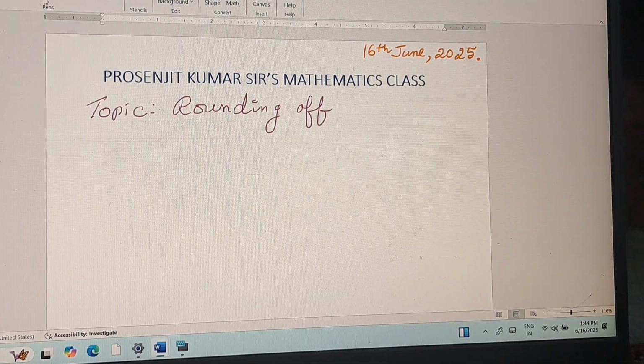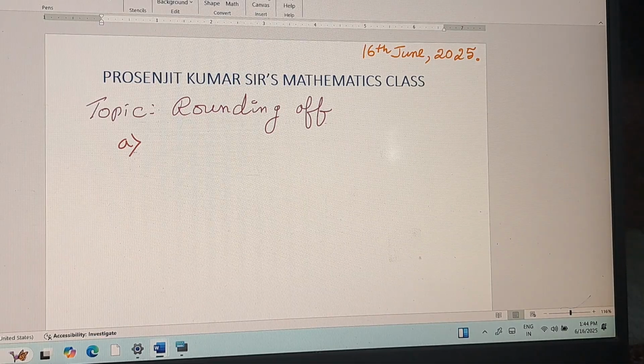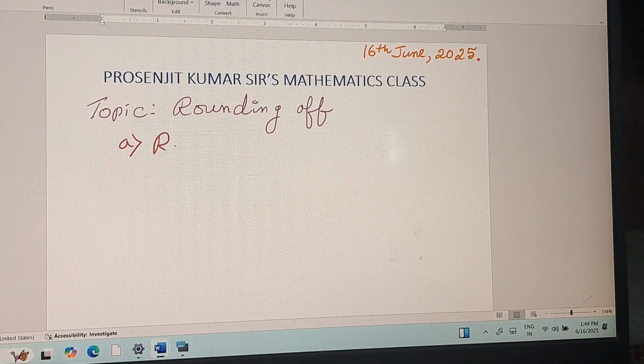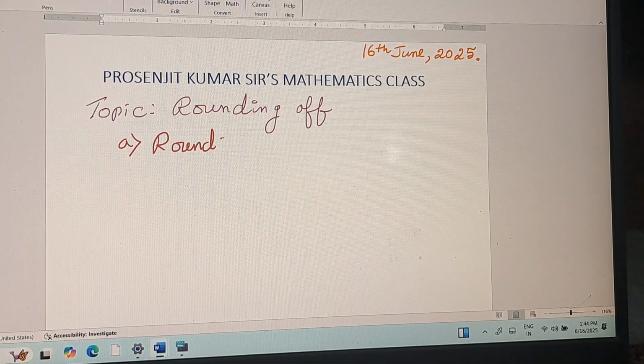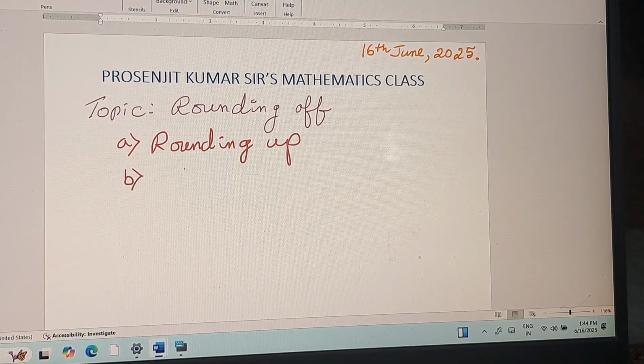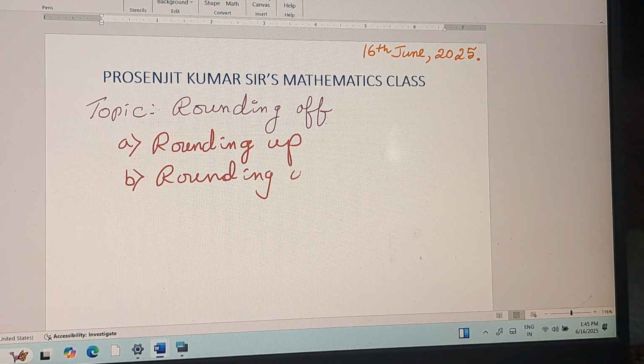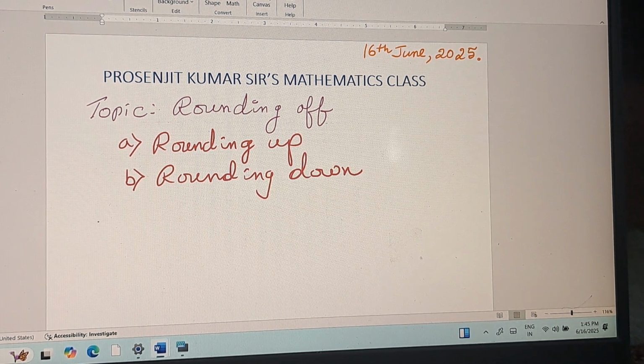So in this concept, the 2 points we have to keep in mind. Number 1 is rounding up and number 2 is rounding down. So we will take certain examples.